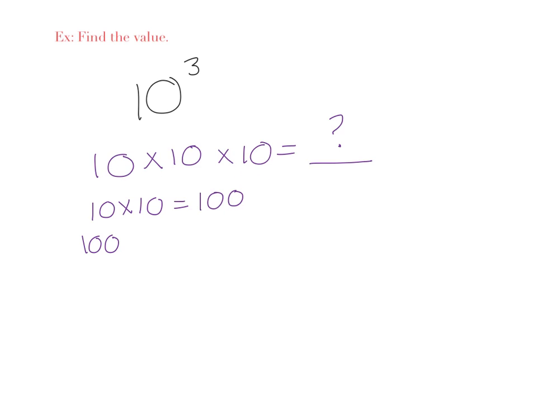So I'm just rewriting it. 100 times 10 equals 1,000. So 10 cubed is equal to 1,000. That should look familiar. We've done that in the past where we've said 10 to the 3rd is 1 with 3 zeros after it. So you've seen that before.